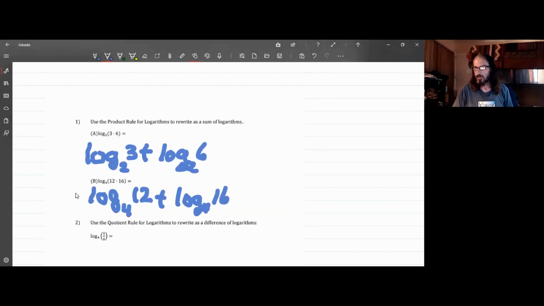You may or may not have to on your online homework system. There's no nice integer power of 4 that would give you 12, but since 4 squared is 16, you may need to rewrite this as the log of 12 base 4 and then plus 2.